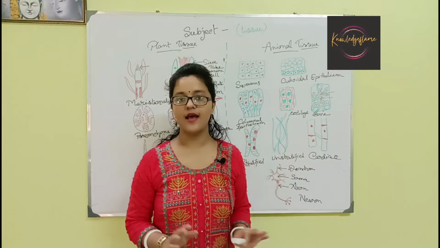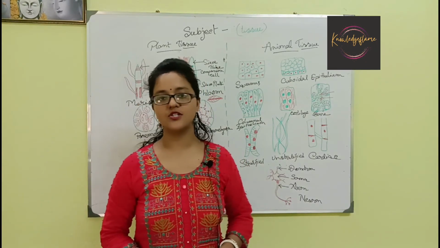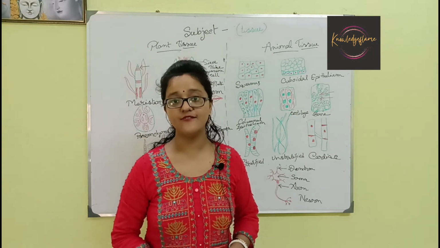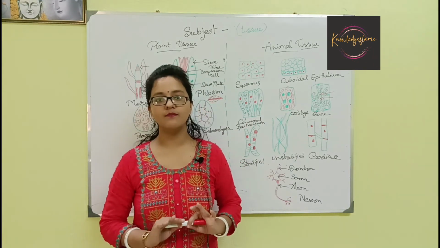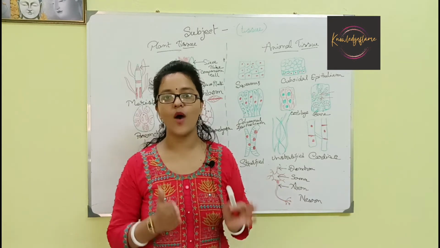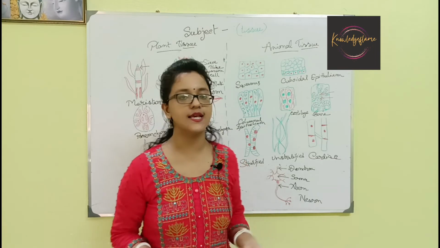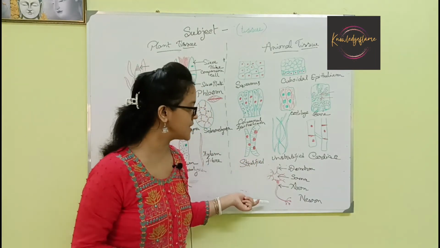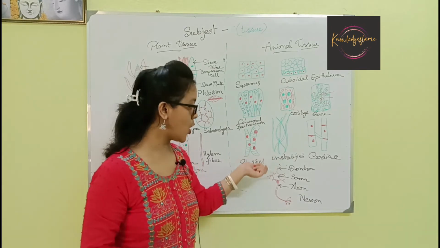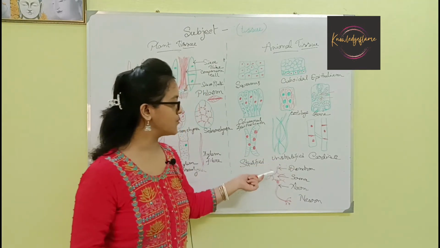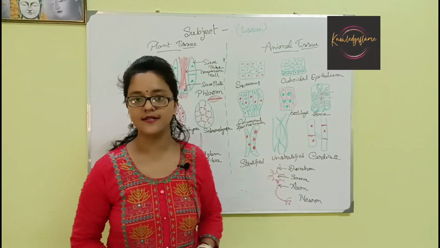Okay, now the last tissue is nervous tissue. The main structural and functional unit of nervous tissue is the neuron. By this nervous tissue, nerve impulses are transmitted from one neuron to another. In the basic structure of a neuron, we notice two types of projections. One is branched and short, the dendron, and one is a large unbranched projection called the axon.